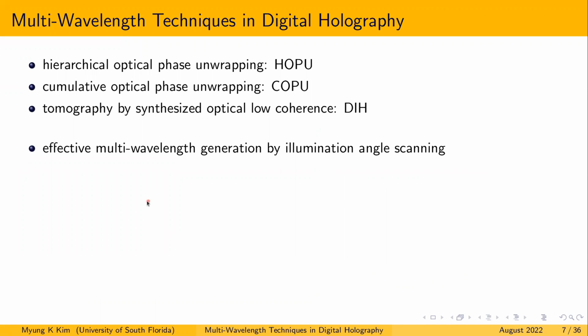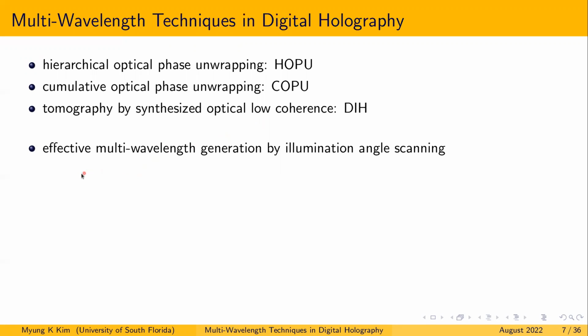Today, I'm going to describe and compare three related multi-wavelength phase unwrapping methods that I'm referring to as the hierarchical optical phase unwrapping, cumulative optical phase unwrapping, and digital interference holography based on synthesized optical low coherence.